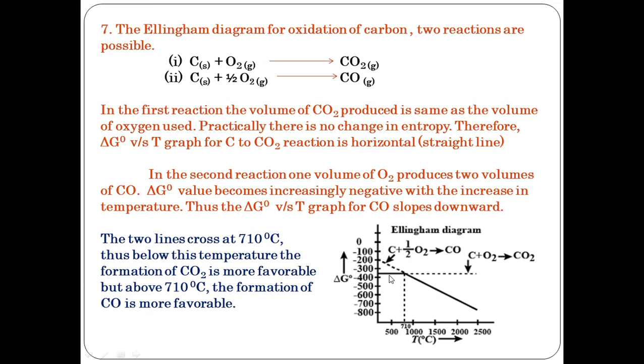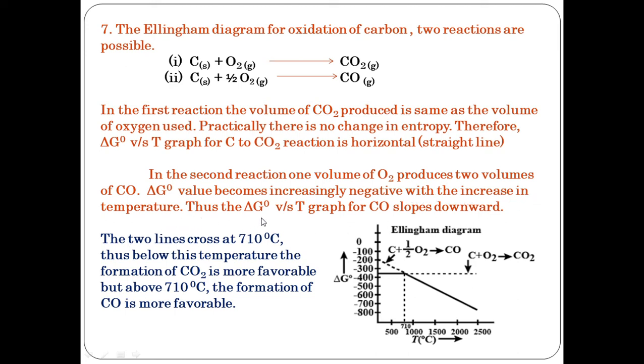Next, coming to the second reaction. One volume of oxygen produces two volumes of carbon monoxide, that is double. Then delta G naught becomes increasingly negative with the increase in temperature.